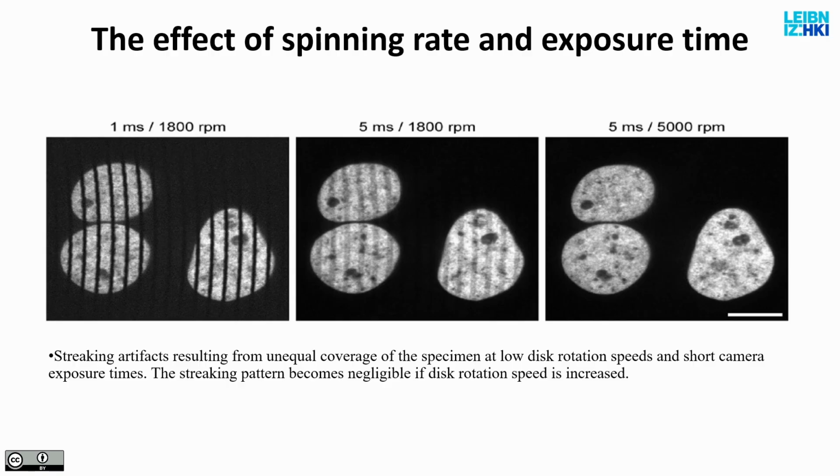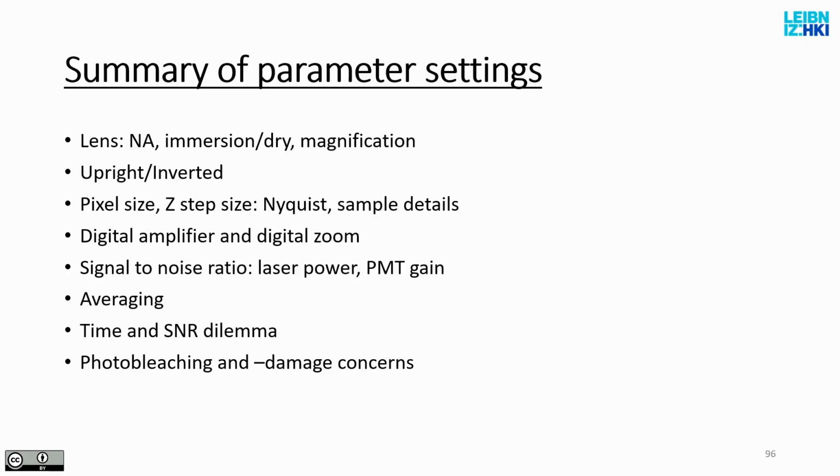So here I go from 1 millisecond to 5 milliseconds, 1800 rotations per minute, that's much better. And then I say 5 milliseconds because I need the sample fast, but I rotate my disk faster. Now, if I rotate my disk faster, my signal intensity goes down a bit, but I get a perfectly smooth image. And this is practical advice. You will see this from time to time.